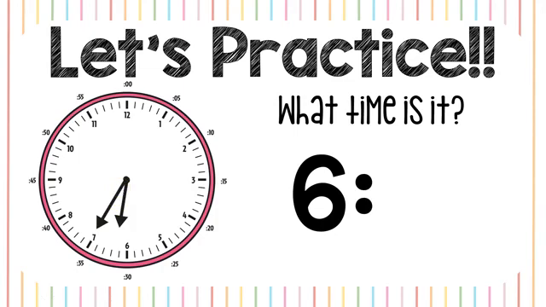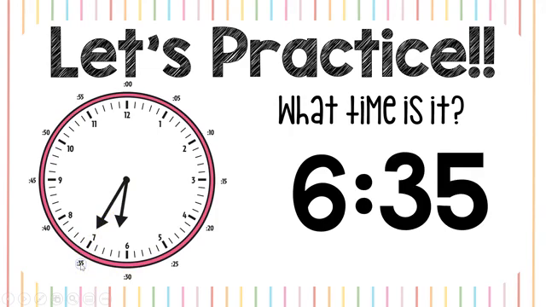I can use these numbers on the clock to help me skip count by 5s. At the 12, I have 0, and then 5, 10, 15, 20, 25, 30, and 35. Our minute hand is on the 7, which means 35 minutes have gone by. So our time is 6:35.